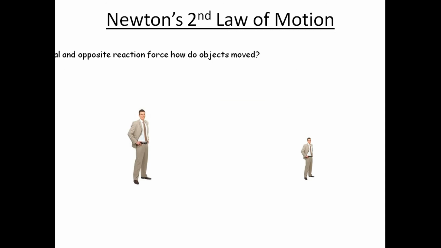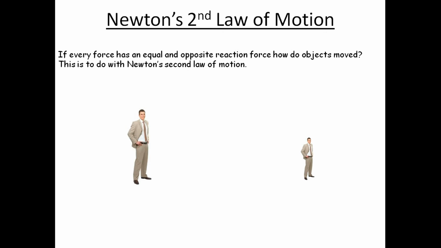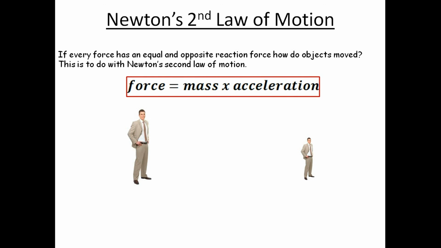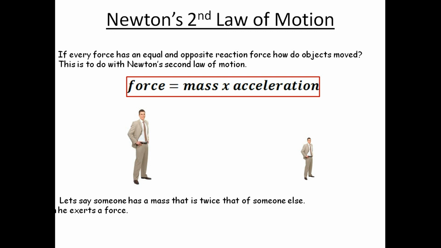Okay, so if every force has an equal and opposite reaction force, how do objects move? Well, this is explained by Newton's second law of motion. Force equals mass multiplied by acceleration. Let's say someone has a mass that is twice that of someone else. When he pushes the smaller person, he exerts a force.